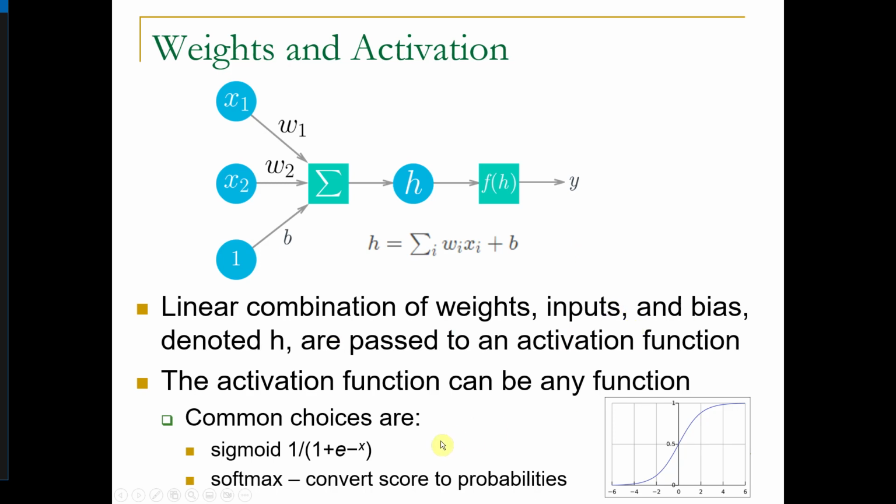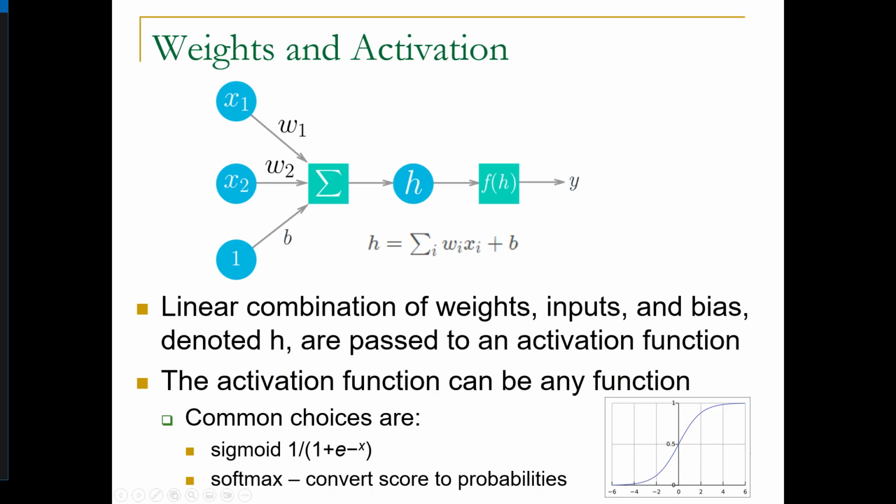A common choice, a very popular choice, is this function called a sigmoid. A sigmoid is 1 divided by 1 plus e to the minus x. And here's what it looks like right here. You get this nice, smooth, differentiable, continuous curve.